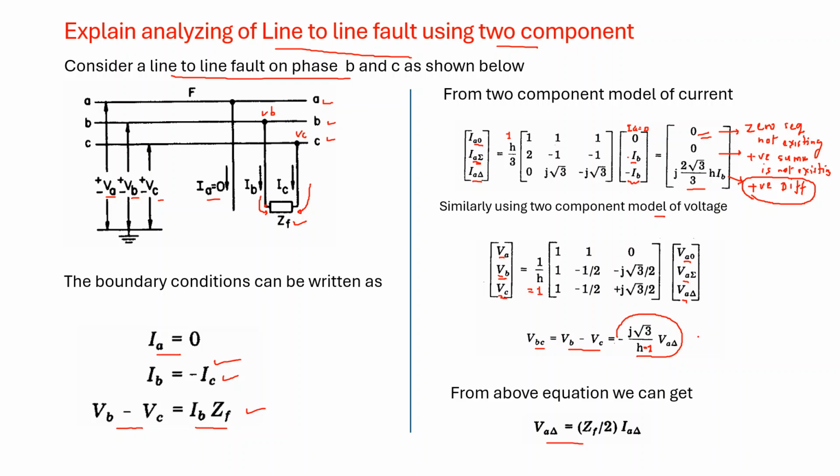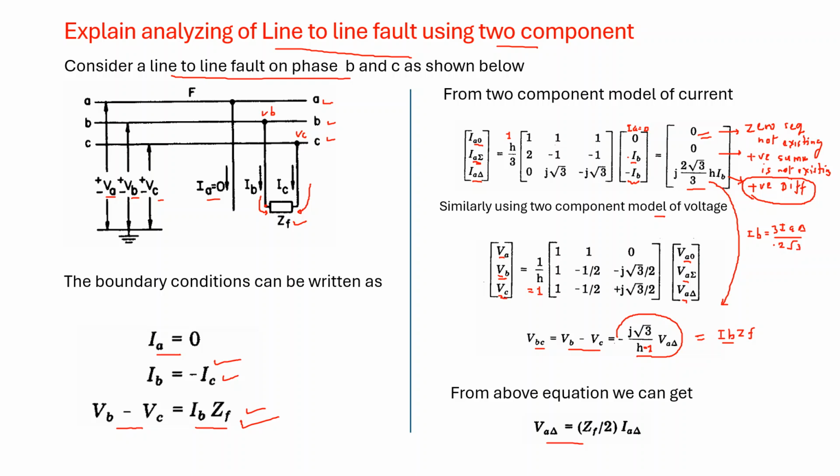Okay. Now this VB minus VC is equal to IB into ZF. You can see here it is from our boundary conditions. But what is IB? IB you can get it from this equation in terms of IA delta, so here you can see IB is equal to IA delta divided by 2 root 3 j.